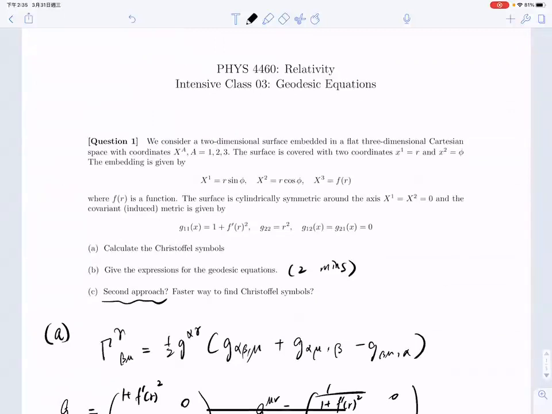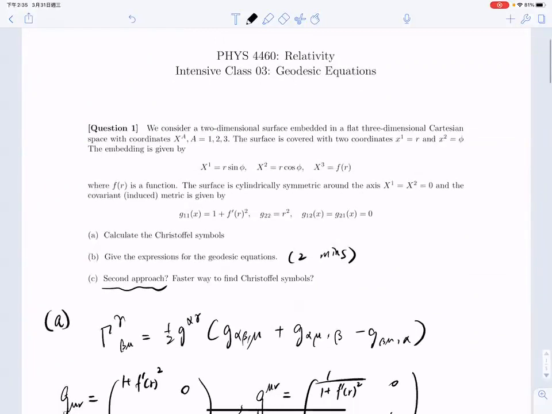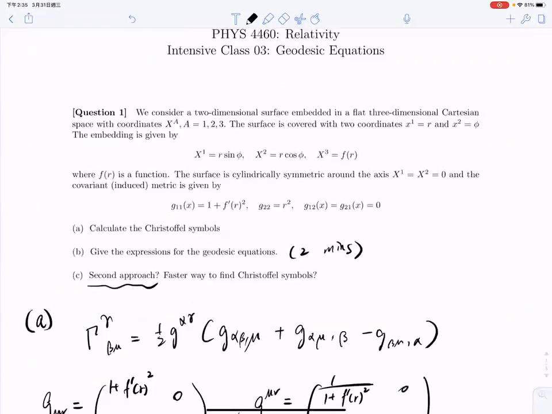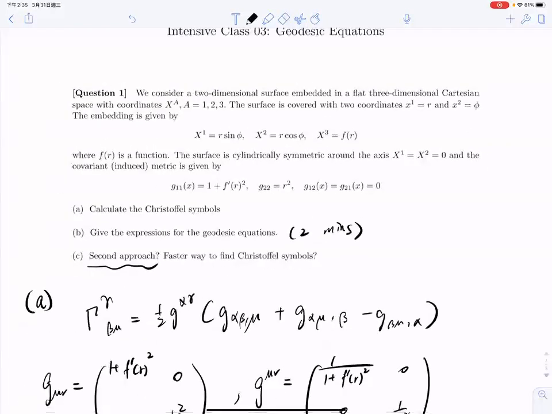And then part C, I will spend most of the time to do it. So could you guys think of another approach, another method that would be much faster than this fully mathematical approach to calculate Christoffel symbols and the geodesic equations? Any suggestion?